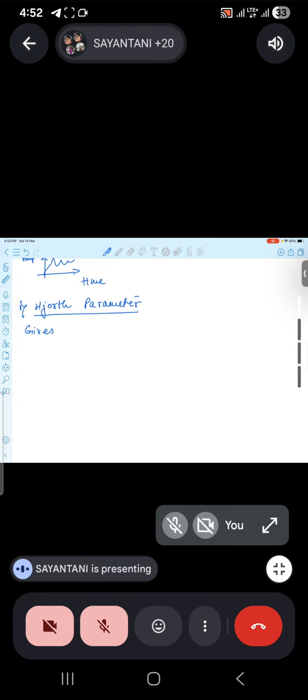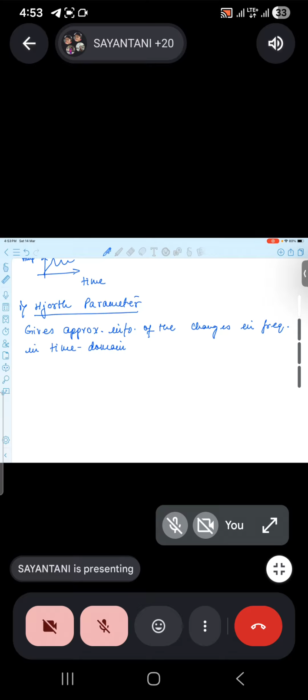Okay. So what is the main objective over here? It gives approximate information of the changes in frequency in the time domain itself, without Fourier transform or short time Fourier transform or wavelet transform.